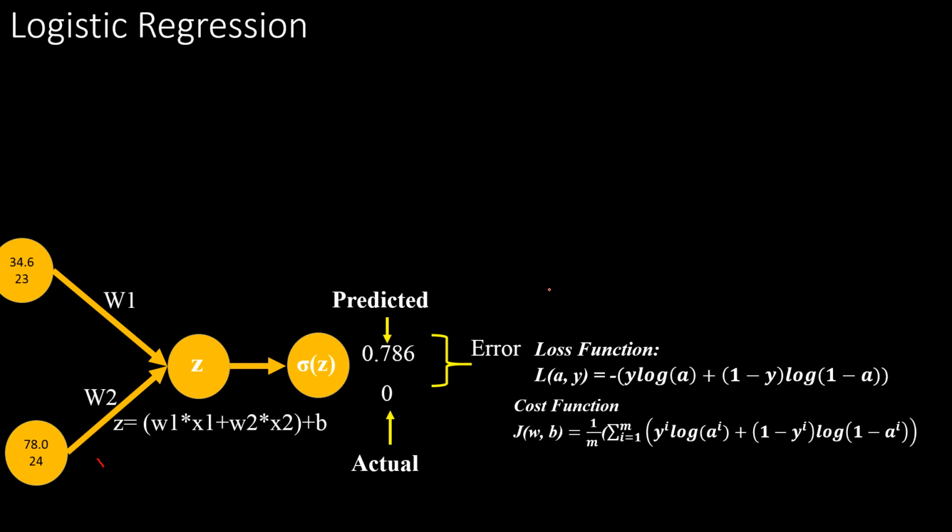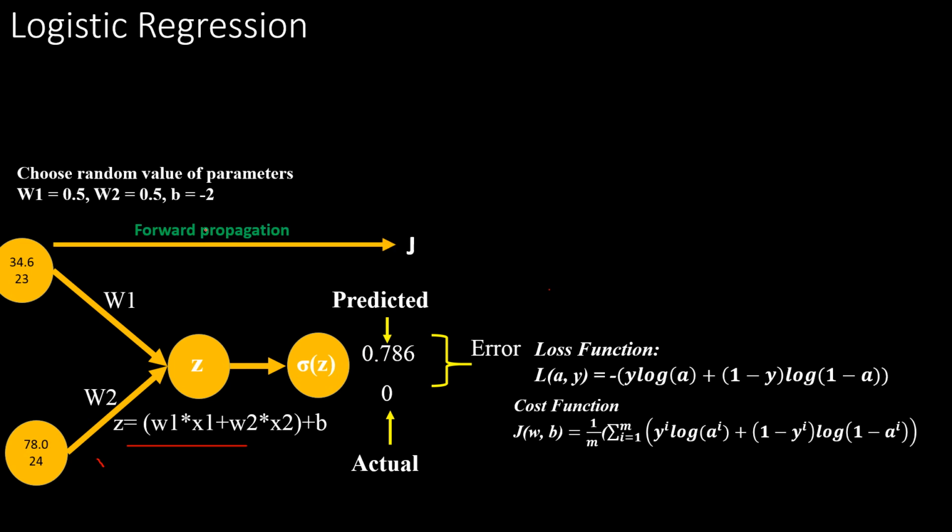Let me just go through everything once again for the last time, so that you are able to map the whole picture of what is happening. We'll have x1, x2, and w1, w2, and we'll compute z. We'll choose a random value of these and do a forward propagation to get a predicted value.